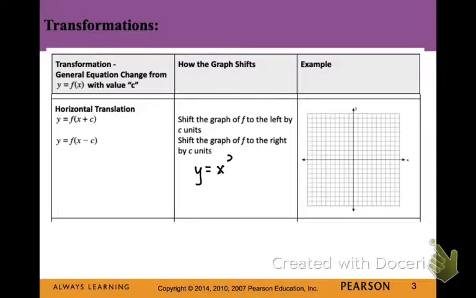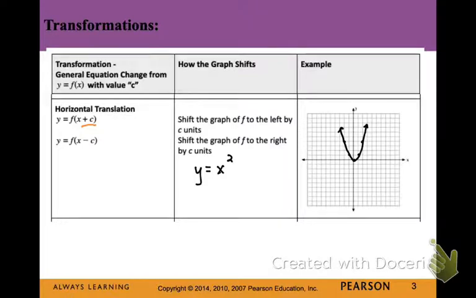So let's start with a quadratic, and this is just the parent quadratic function, y equals x squared. So graph that on your note sheet. We have the point 0, 0, 1, 1, negative 1, 1, 2, 4, and negative 2, 4. And so what we're going to do is a horizontal translation to the left.